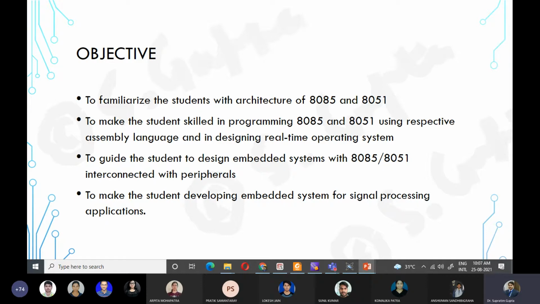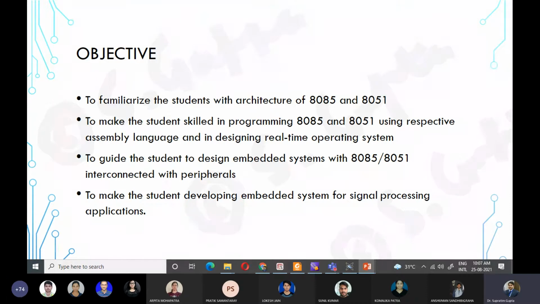Then we want you to be able to design an embedded system with this processor, and in future wherever you work or whatever processor you take, say current processors like ARM or FPGA based processors, you can do it with ease.